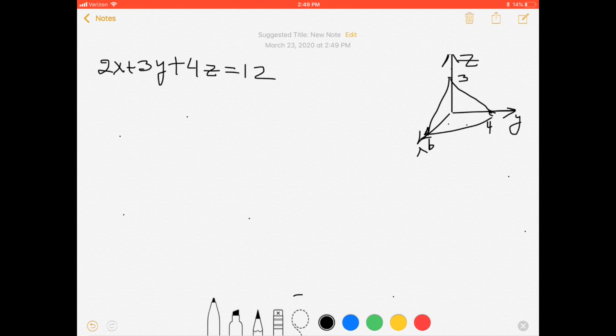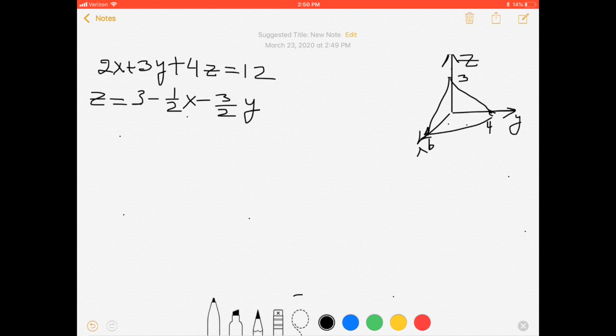Okay, first solving for z, and after solving I have z equals 3 minus 1/2 x minus 3/2 y. This is my function which I will integrate.